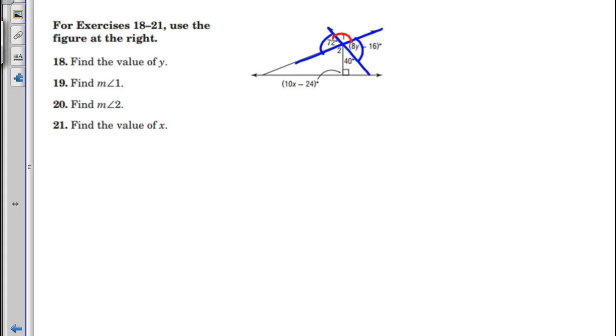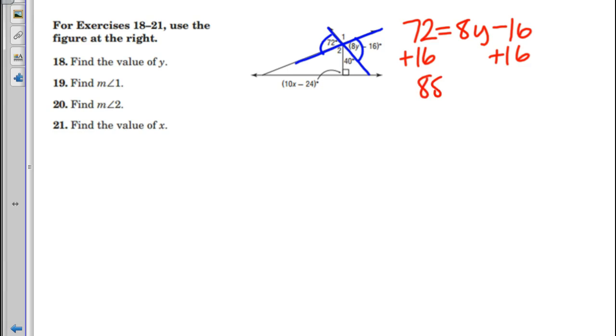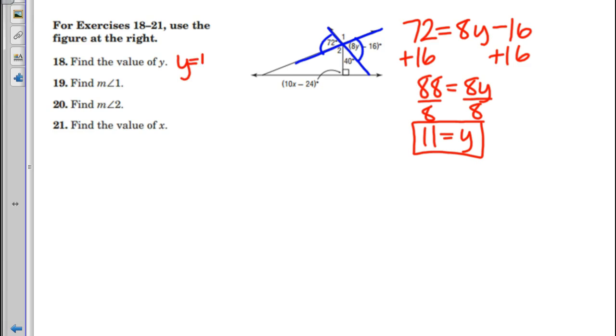All right, so I think the blue one will help us with finding the value of y, because 72 degrees equals 8y minus 16, and you can solve that. So let's add 16 to both sides. 88 equals 8y, and then we'll divide by 8 on both sides. So y is 11.